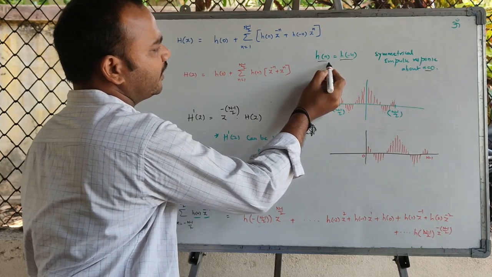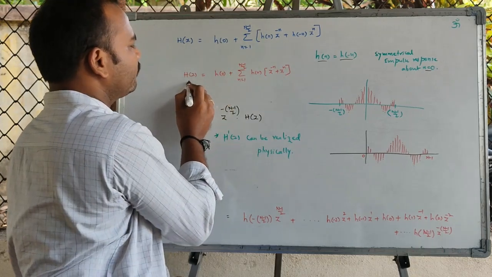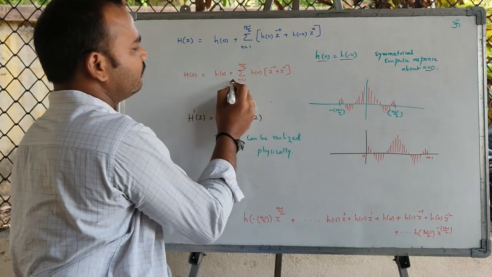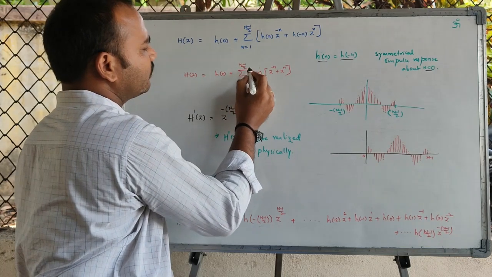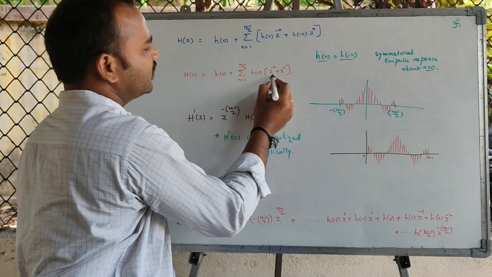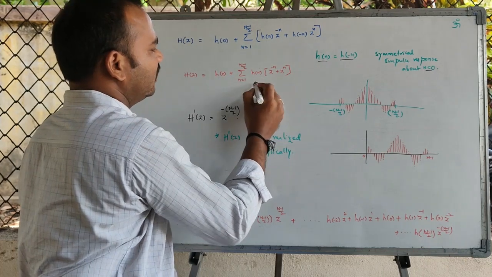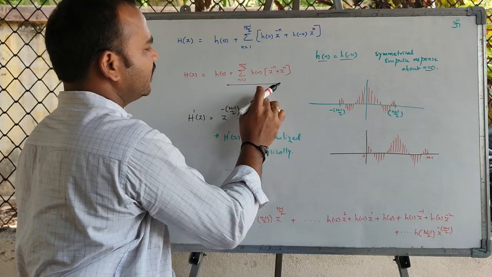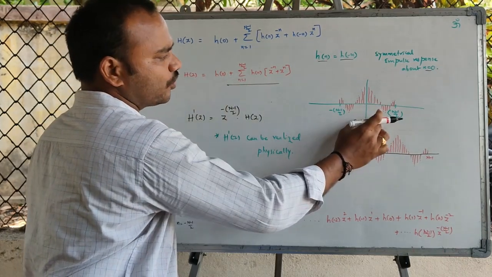If we use this relation in this h of z, the new h of z is h of 0 plus the summation from n equal to 1 to N minus 1 by 2 of h of n times z power minus n plus z power plus n. Now the filter coefficients in this h of z are shown here.